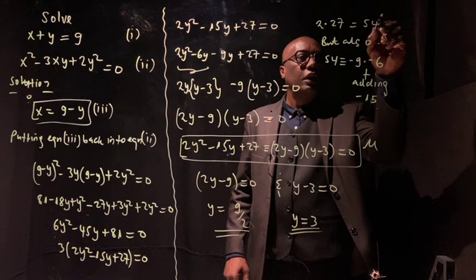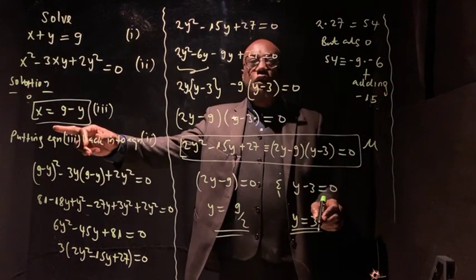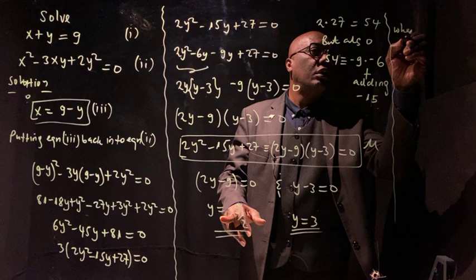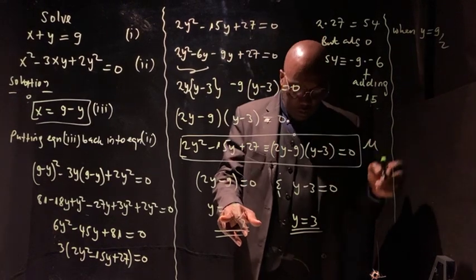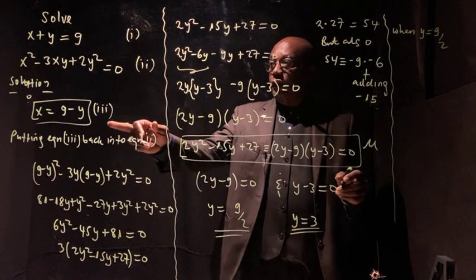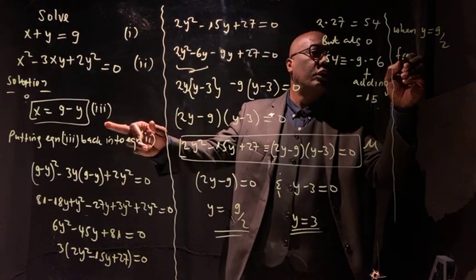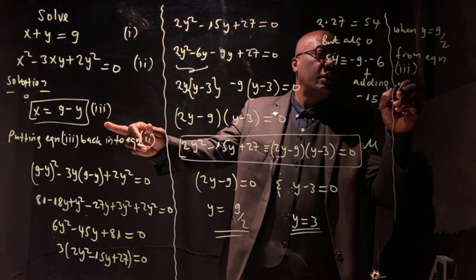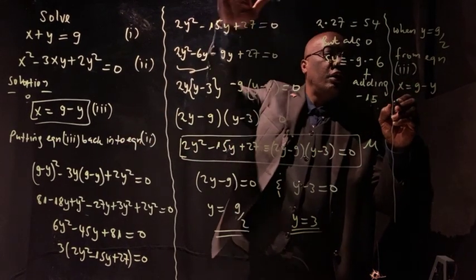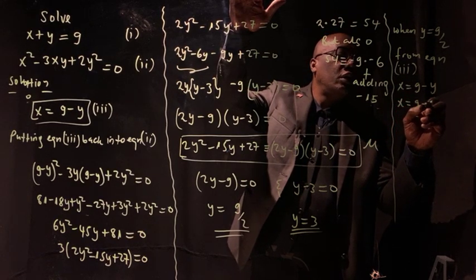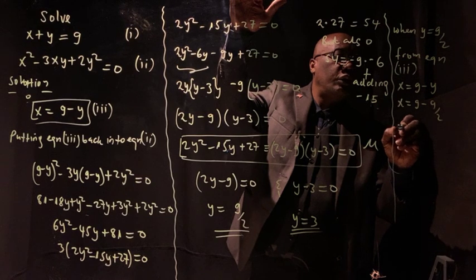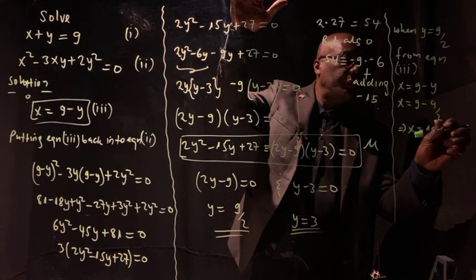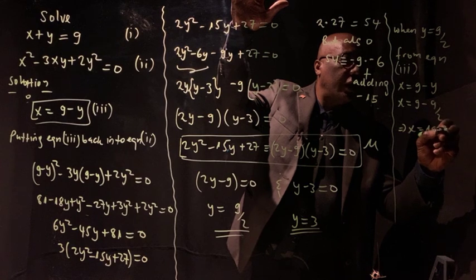The x values, we can go to equation 3 straight away and say that when y equals 9 over 2, then from equation 3, which is x equals 9 minus y, we have x equals 9 minus 9 over 2, which implies x equals 18 minus 9 over 2.